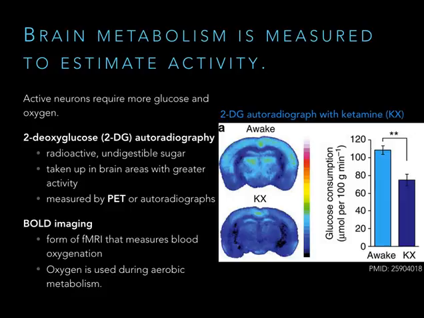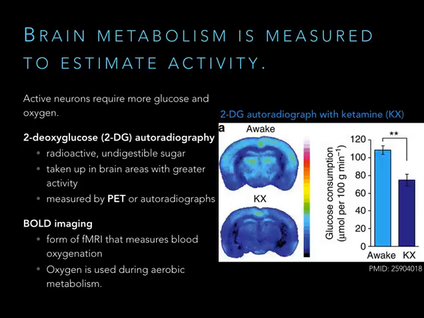Alternatively, instead of injecting this radioactive variant of glucose, you can just simply look at the change in blood flow and the change of blood oxygenation. And that's what BOLD imaging does. This is a variant of MRI that's going to actually estimate blood oxygenation.